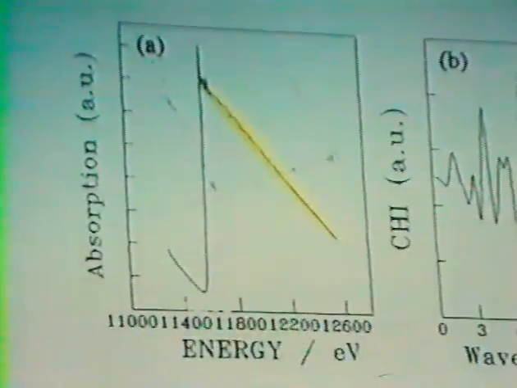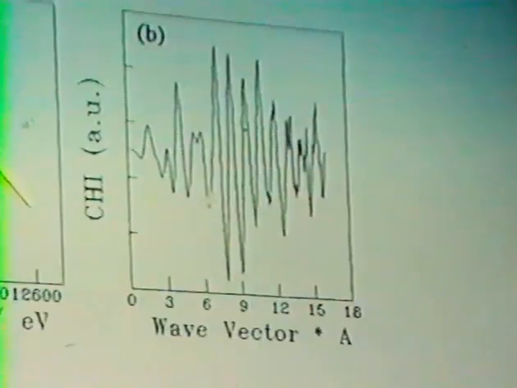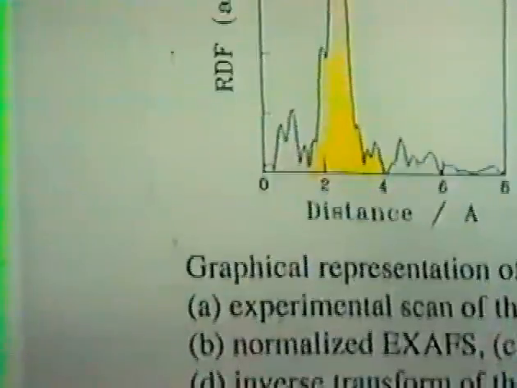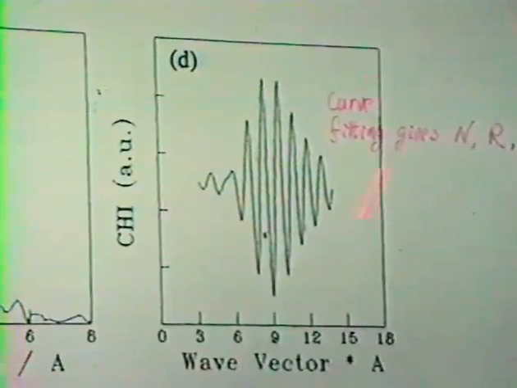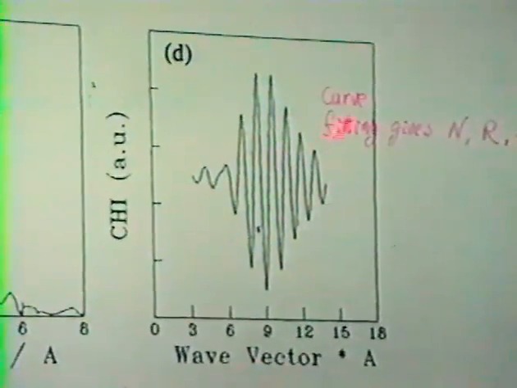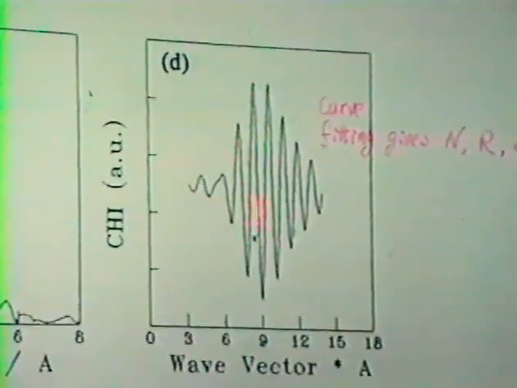Many of us know about XAFS very well, so I don't want to go into too much detail here. But this is the XAFS signal, the oscillation. This oscillation is shown here. Then we did a Fourier transform, and only this zone can be inverse Fourier transformed to obtain the single shell for the platinum, or whatever it is.